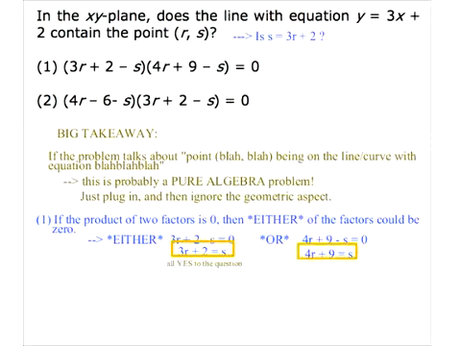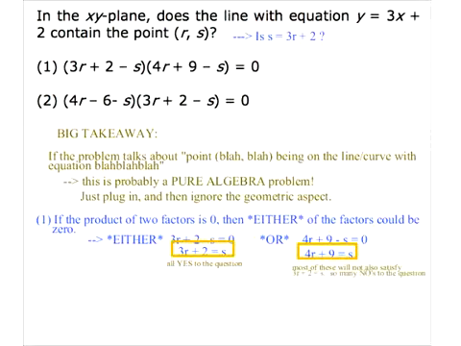On the other hand, if 4r plus 9 is s, then most of these points will not also satisfy 3r plus 2 equals s. So many no's to the question.